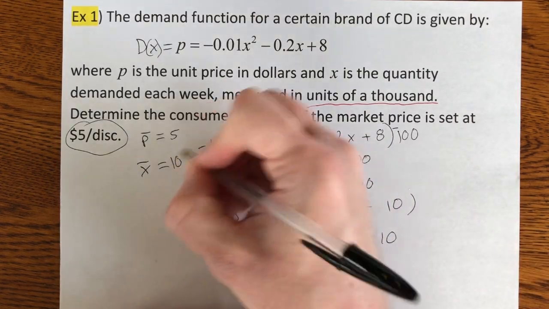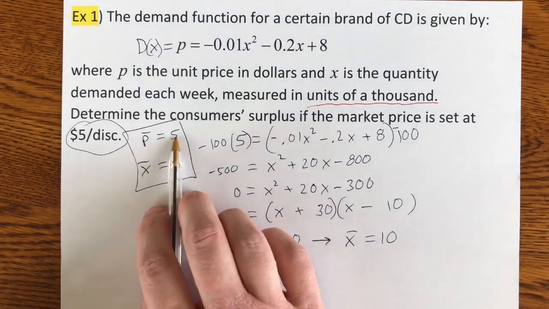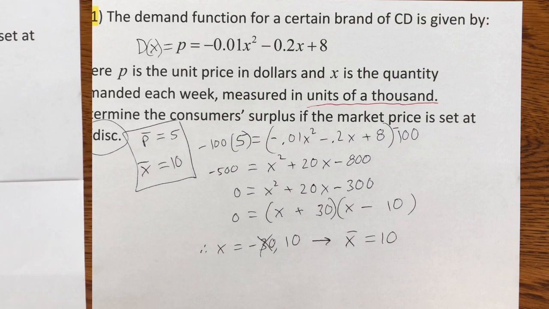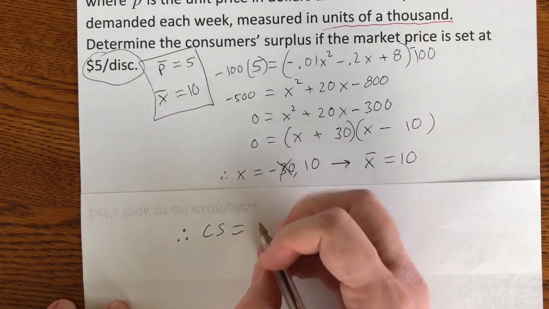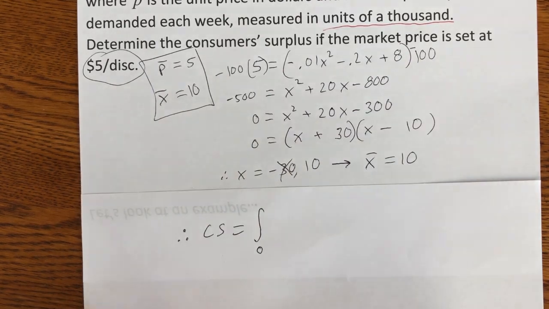So now we know what P bar is equal to. We know what X bar is equal to. Let's go ahead and set up our consumer surplus model and answer the question. So consumer surplus then will be equal to what? Well, it's going to be equal to this definite integral. From what?